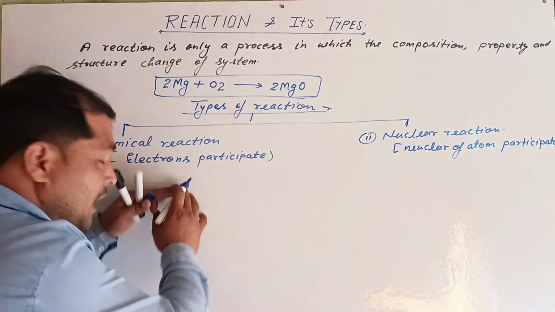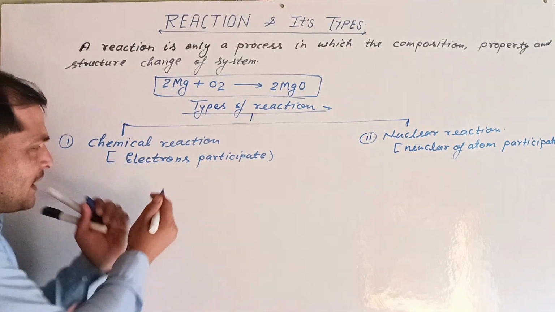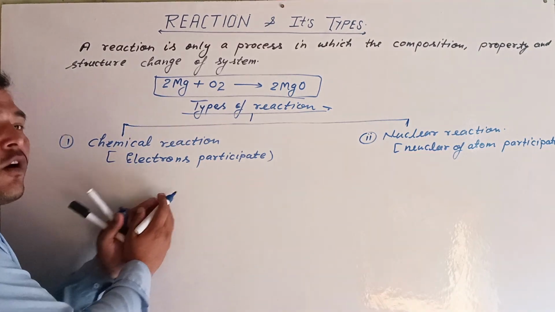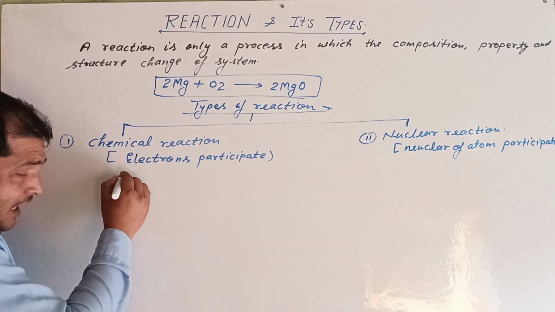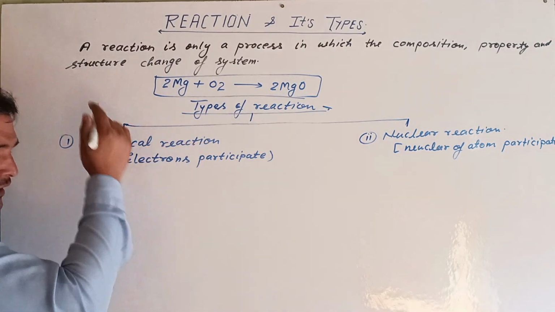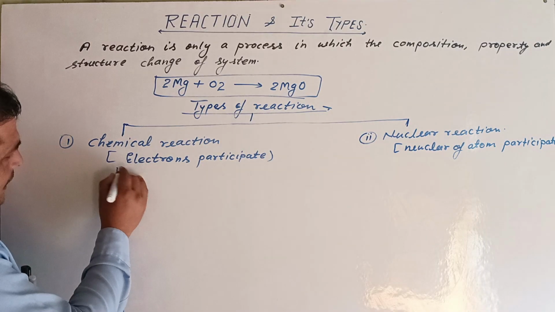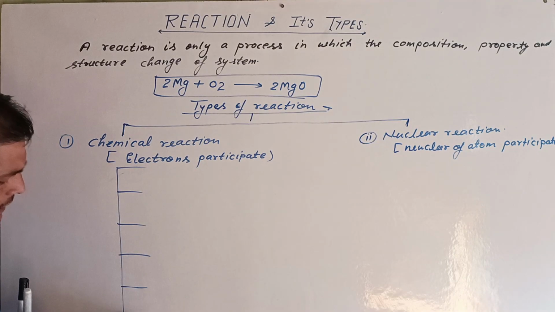Sometimes in a reaction, the reactants combine, a reactant is decomposed, or an object is dissociated. Now let us understand the types of chemical reaction. There are a number of types of chemical reaction.